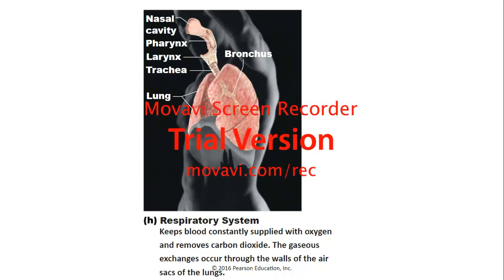We use oxygen to make the majority of our ATP. So oxygen is very important, is what I'm trying to get at. The respiratory system starts with our nasal cavity, breathing in oxygen and getting all the way to our lungs, the alveoli, the little sacs in our lungs where gas exchange takes place. That's very, very important because all our cells in our body need oxygen.